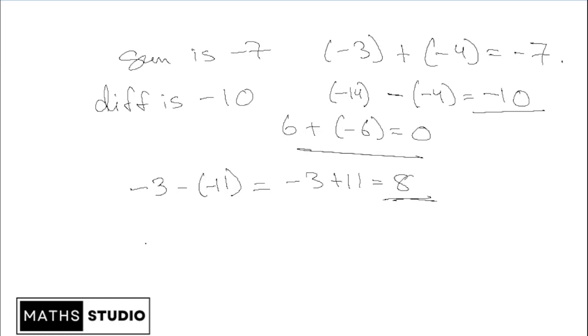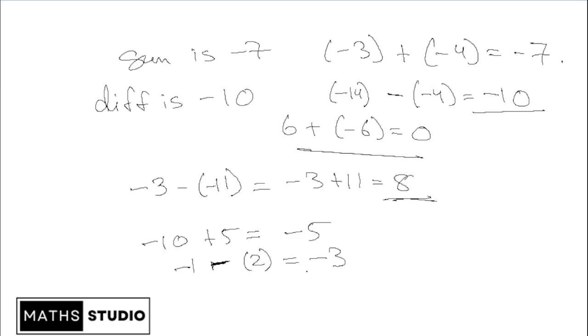Okay, so minus 10 plus 5, that would give me minus 5. Third question says write a negative integer and a positive integer whose difference is minus 3. Okay, so we'll write a negative and a positive integer, so overall the result is minus 3.